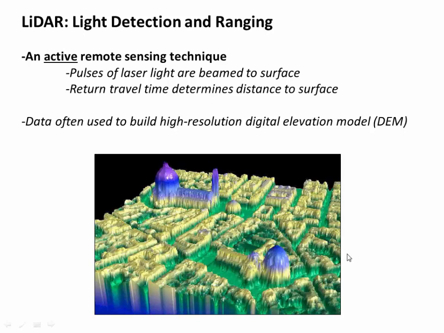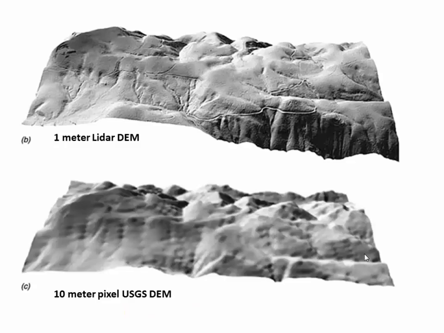So one of the huge advantages of LiDAR data is that the pixel size of the digital elevation model can be incredibly small, down to even just a half meter or less, which lets us capture extraordinary detail about changes in elevation and the shape of a surface, whether it's a city or a natural landscape.